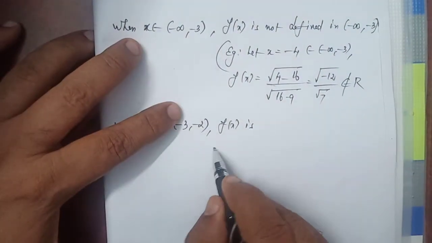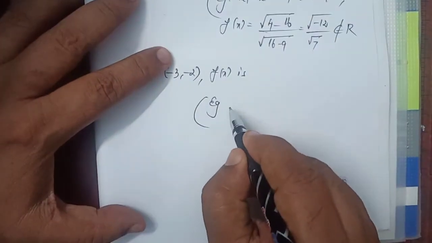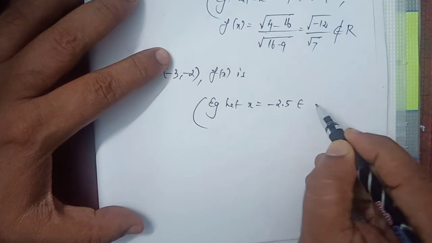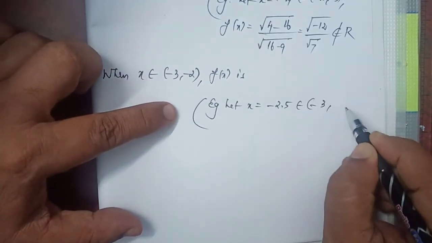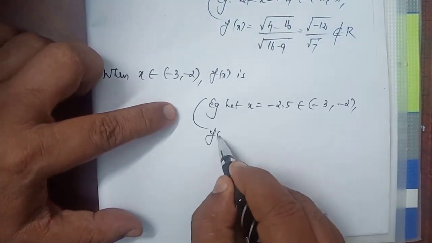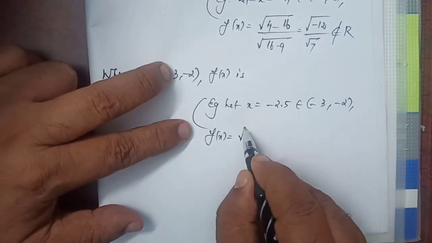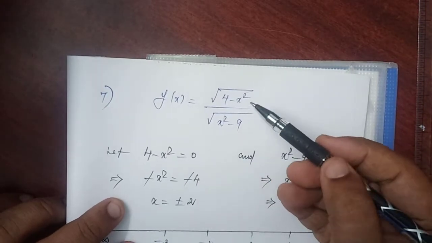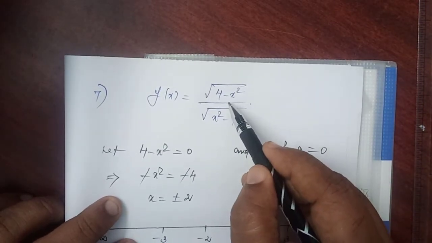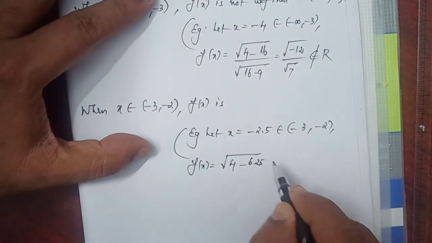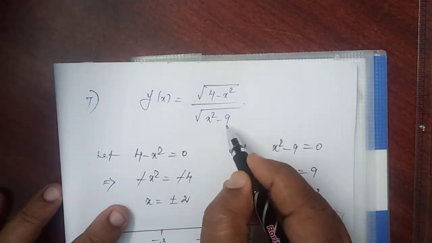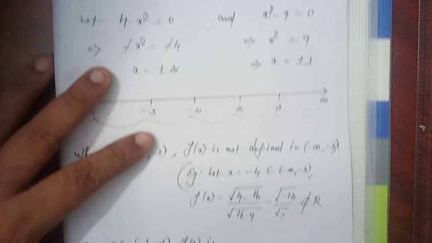First I take the example: let x equal minus 2.5, which belongs to the interval minus 3 comma minus 2. f of x equals the square root of 4 minus x squared. What is the value of x? Minus 2.5. 2.5 the whole square is 6.25, divided by the square root of x squared minus 9.